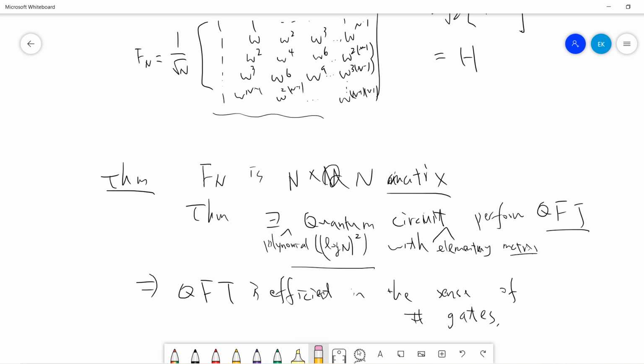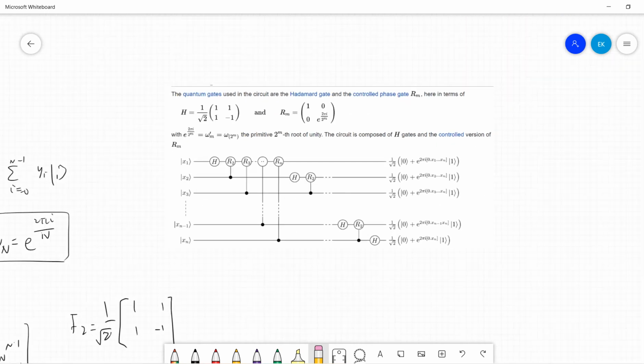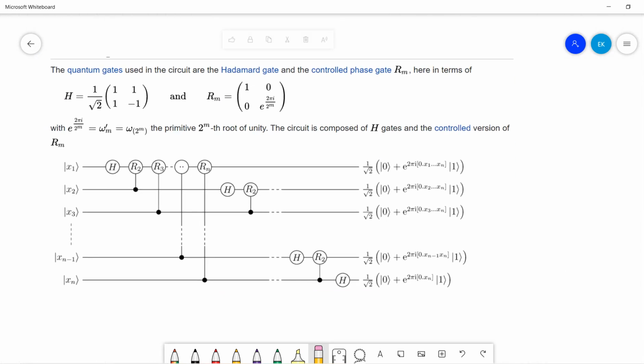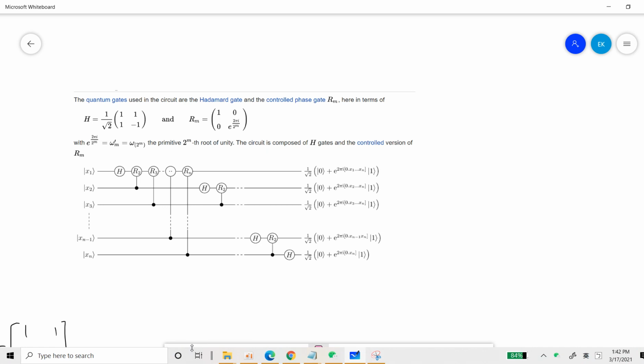So that's why we will see it in Wikipedia or other textbooks. This is the standard quantum Fourier transform. The derivation is very long, but I want to mention the key idea, the key points. The key point is why this line and this line will give you such results.